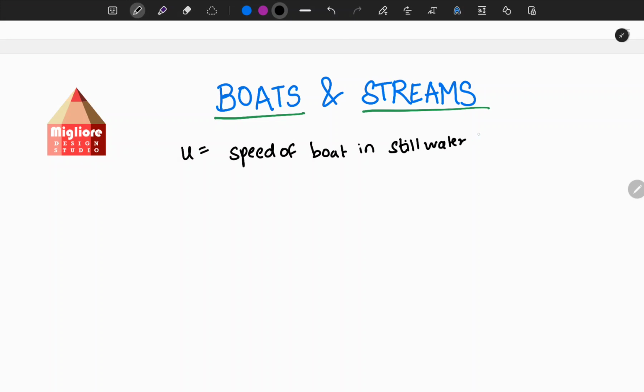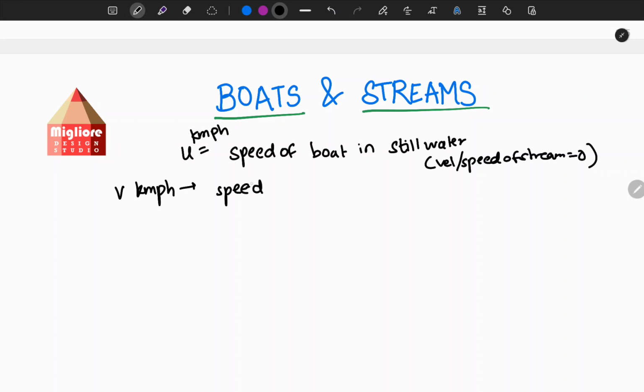So still water means that the velocity or speed of the stream is 0, and let's assume it to be kmph, which is kilometers per hour, and v kmph is the speed of the stream. We have yet to disclose the direction here, but we're just going to discuss the speed first.